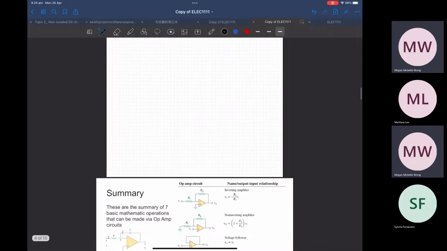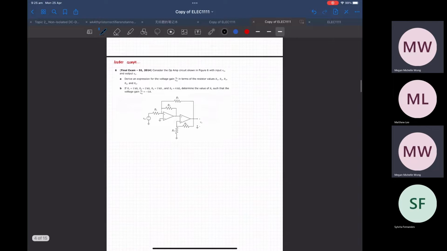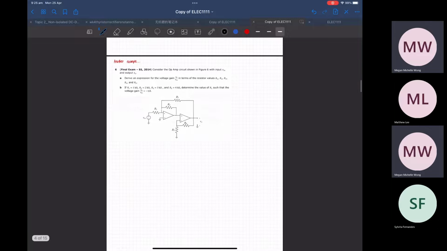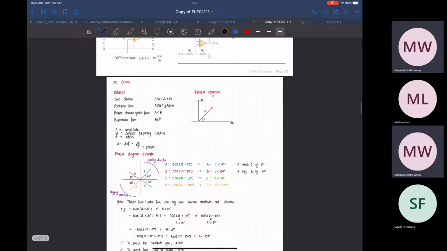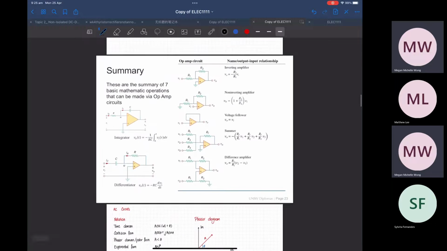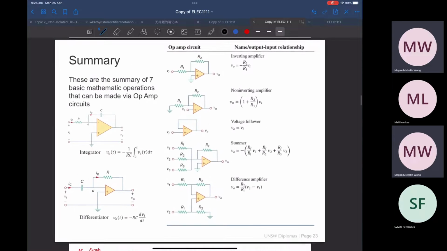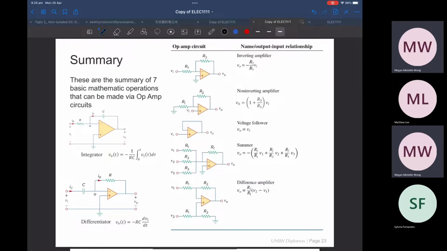This example, I'll leave it to you guys to solve, because I don't want to do all the op-amp questions. So, okay, this is a summary of the op-amp types. If you remember them, it'll save you time, especially for the inverting amplifier or the non-inverting amplifier, which are the most commonly used.